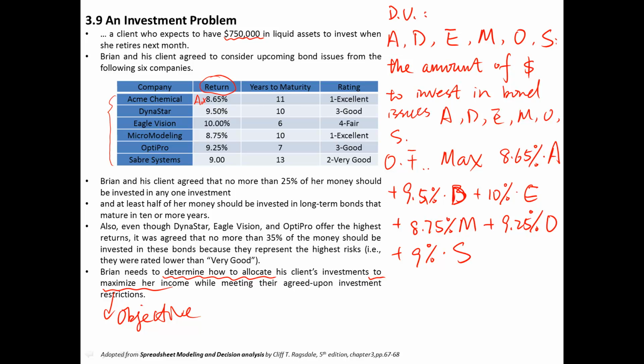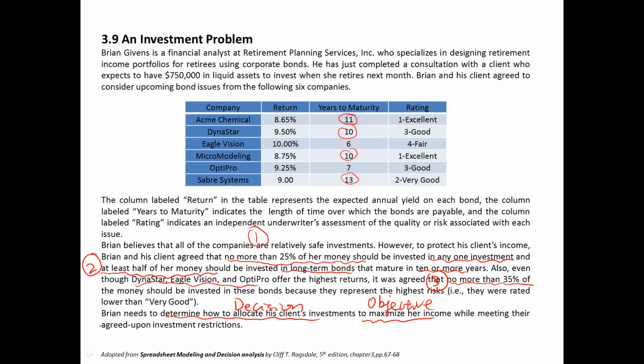On this problem statement page, we summarize the 3 restrictions, and each restriction represents one constraint.